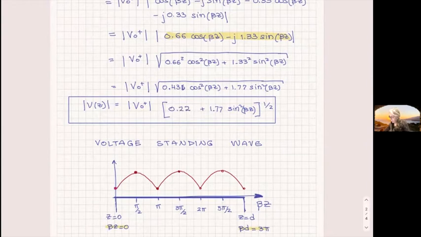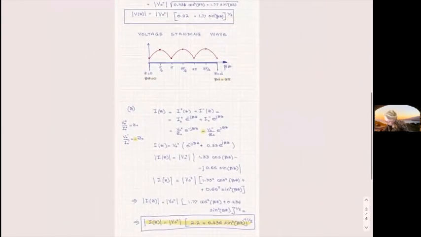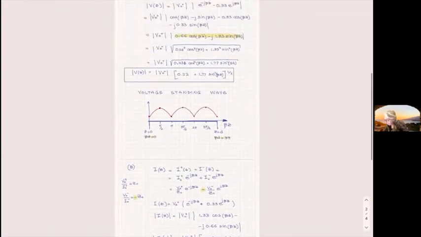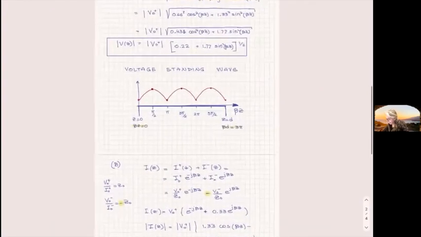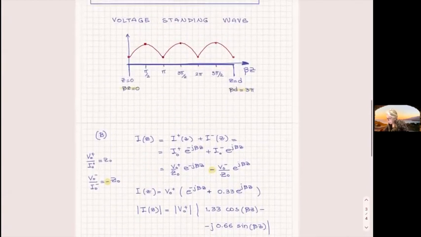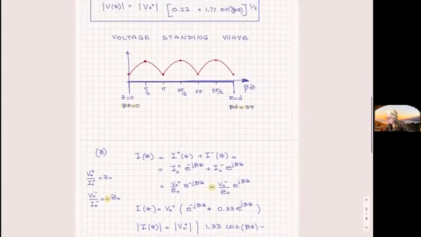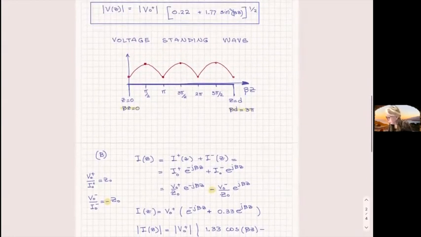Okay, so what we have here is 0.2. All right, so look, they are very similar yet different. One has 0.22 and the other has 0.22, but the sine has a different coefficient in front of it.